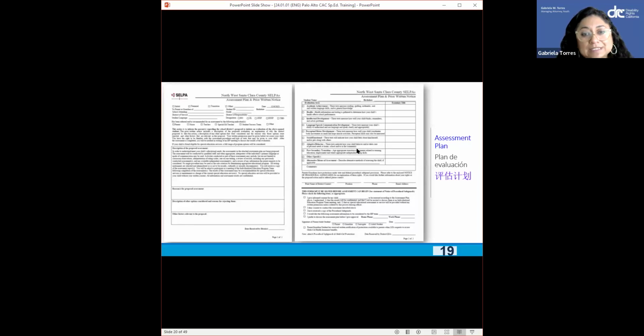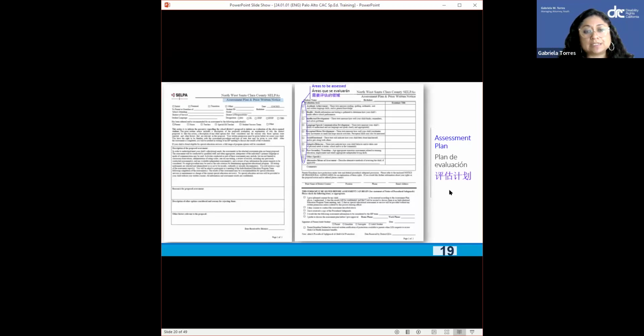But this is an example of an assessment plan. I believe this might be your SELPA's. So it might be familiar to those of you who have asked for special education assessments, but essentially you'll be getting something like this. And you'll see the names of the different evaluations that can be conducted.